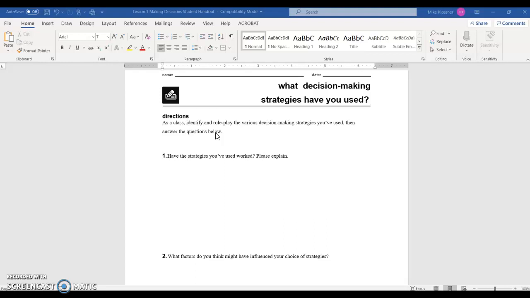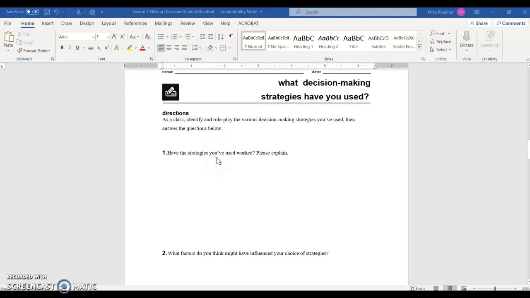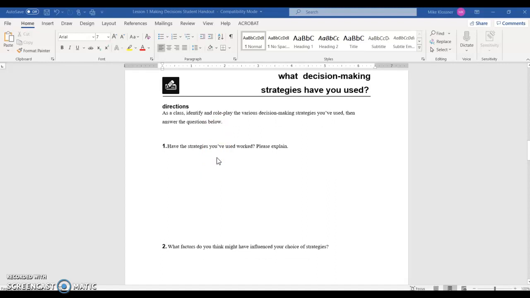So what problem did you identify, and then answer these questions based off of the information above. What strategies did you use, or maybe have you used? If you want to think about decisions in general, maybe come up with a few decisions that you've had to make, and what strategies you used that actually worked, and when you evaluated your result, you made a wise decision.